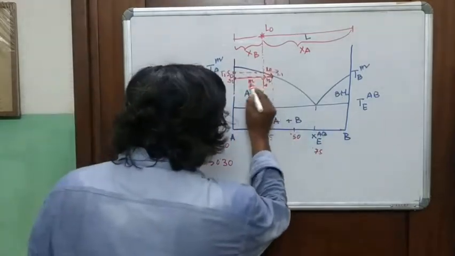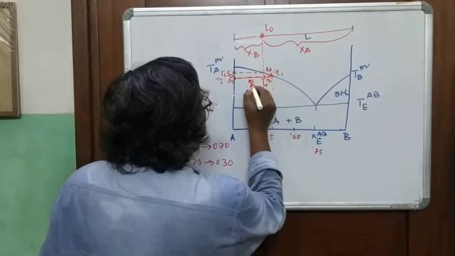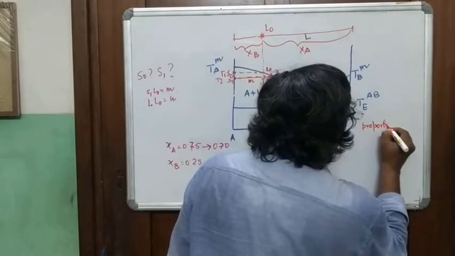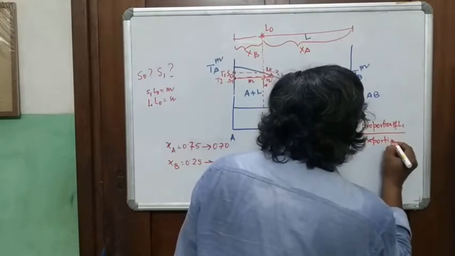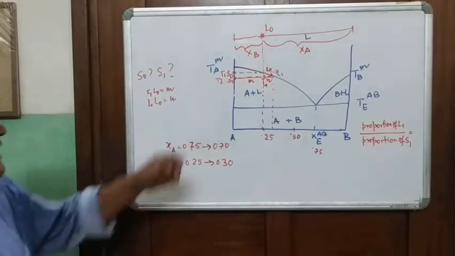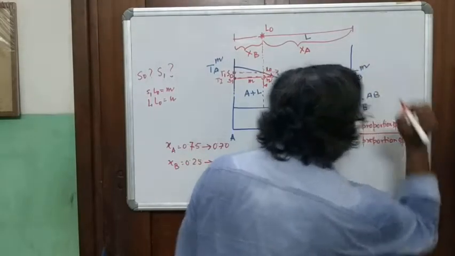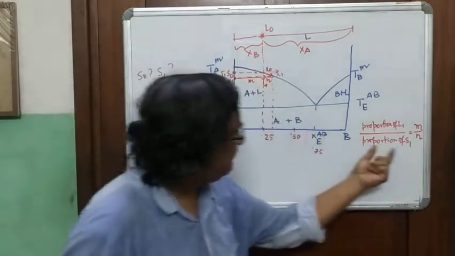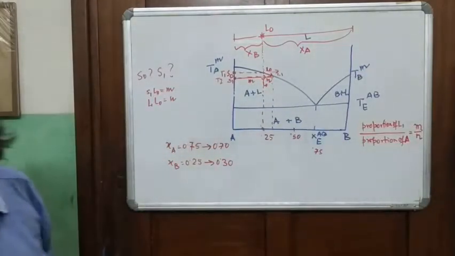Now what are M and N? If I take this proportion of L1, the proportion of L1 is M, and the proportion of S1, the proportion of A, is N. Have you understood?